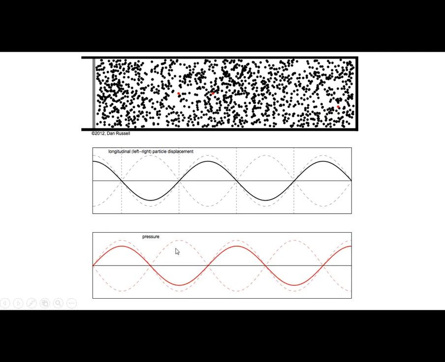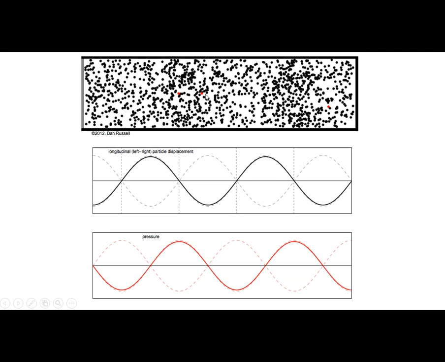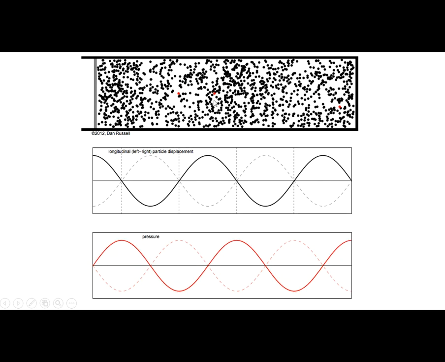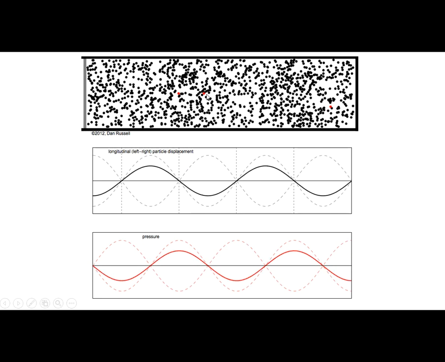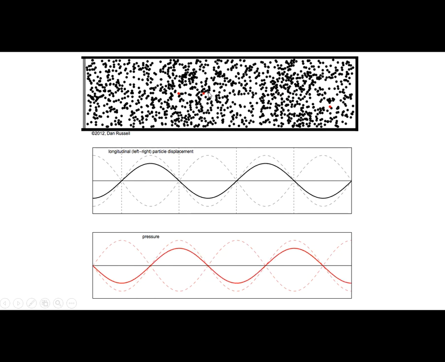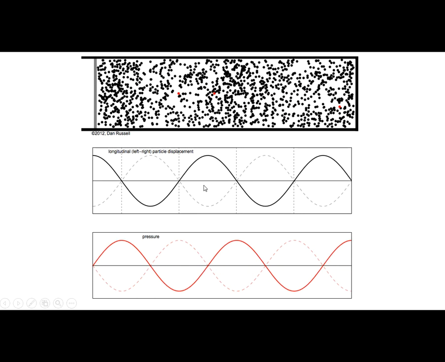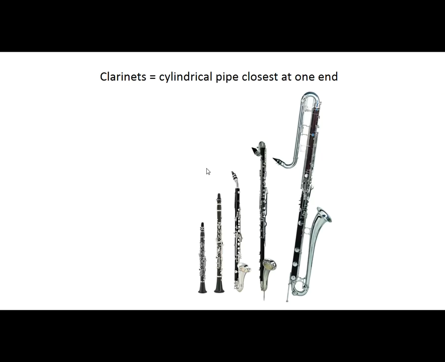And you can see that here in this red graph. If we move to the dot that's over a little bit to the side here, say, motion is exaggerated, but you can see that it always has a cluster of neighbors that are about the same around it. And so that means that the pressure remains basically the same as atmospheric pressure, but its displacement is maximum. So that's a way to think about that.